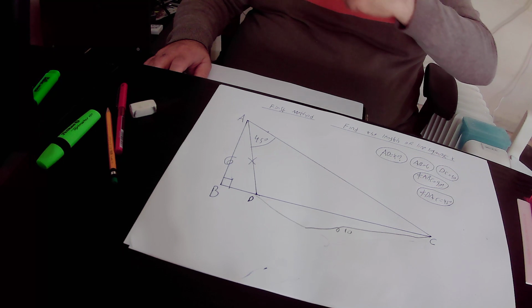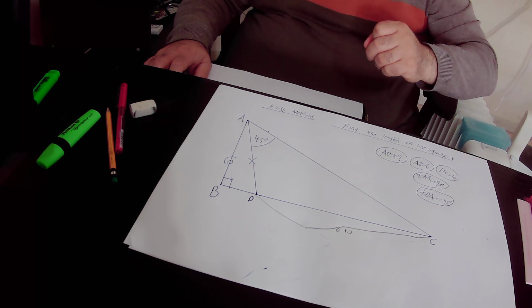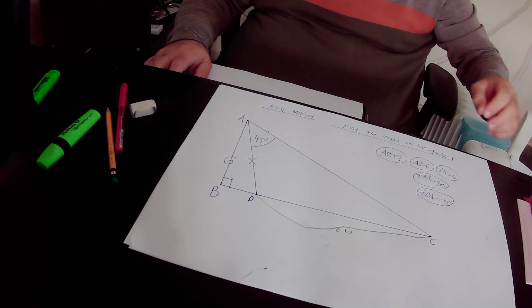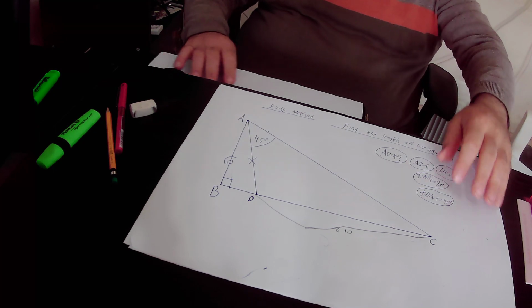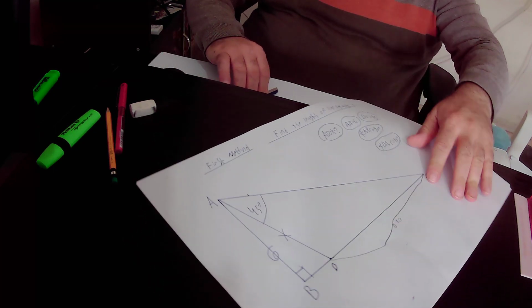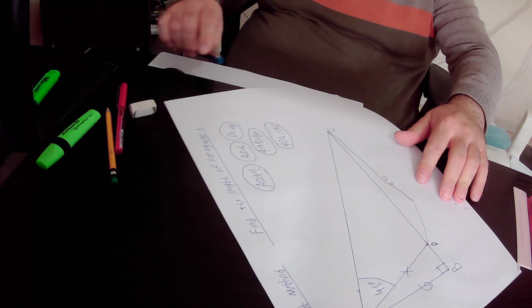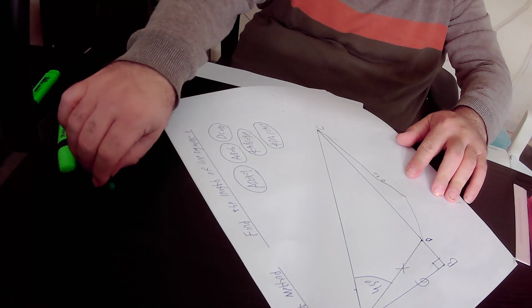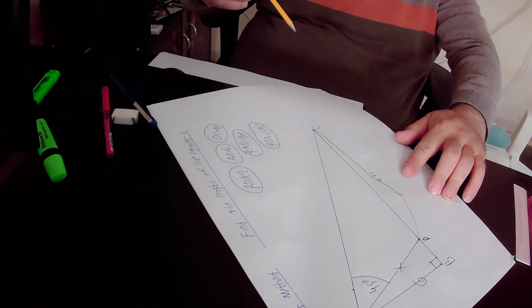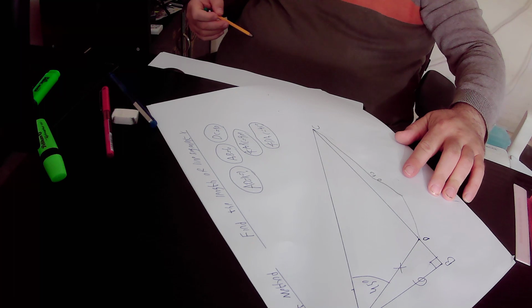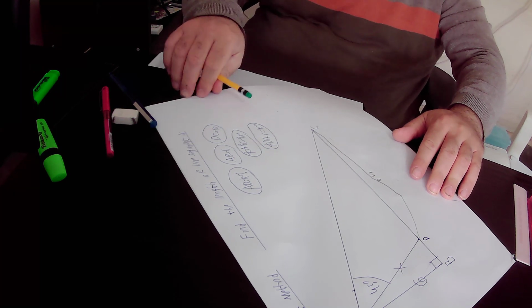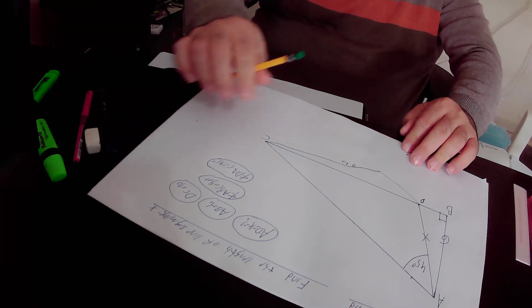So we will start with the first method. In the first method, we'll do a construction. We will extend line segment AD by a straight line.